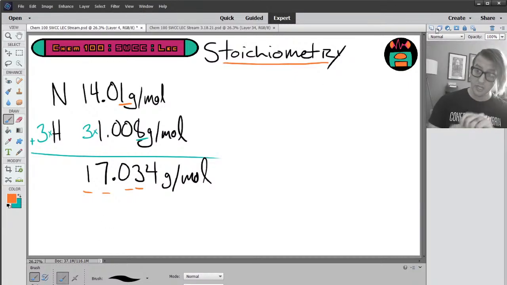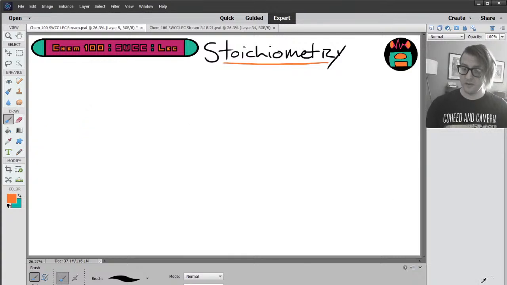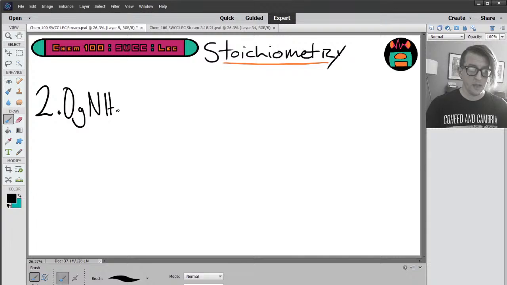All right, now we're going to use this to calculate how many molecules of ammonia are in a 2-gram sample. So you have 2.0 grams of NH3. In our first step, we need to convert from grams of ammonia to moles of ammonia.